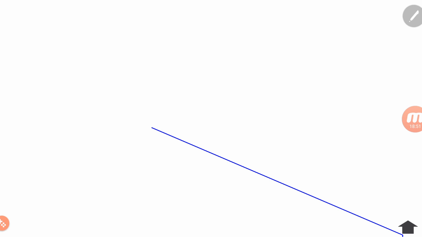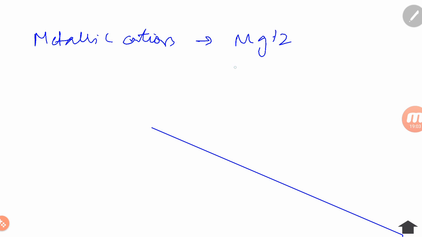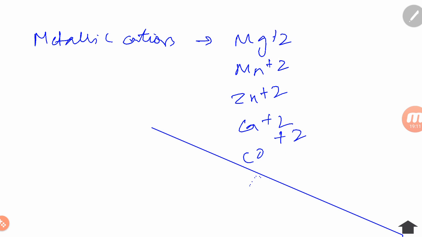They can be categorized into two types. One is metallic cations. The majority of the time the activators are mainly cations. You can see Mg+2, Mn+2, Zn+2, calcium, Co+2, Cu+2, Na+ and K+, and there are many.